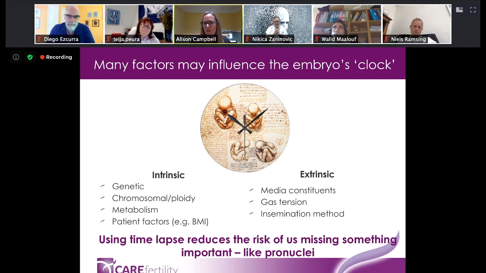And of course, there are extrinsic factors. We know that different culture media have impact on the pace of embryo development, the gas tension, whether or not we're using reduced oxygen, and certainly the insemination method. We do IVF and ICSI, we have different average timings for the morphokinetic events.